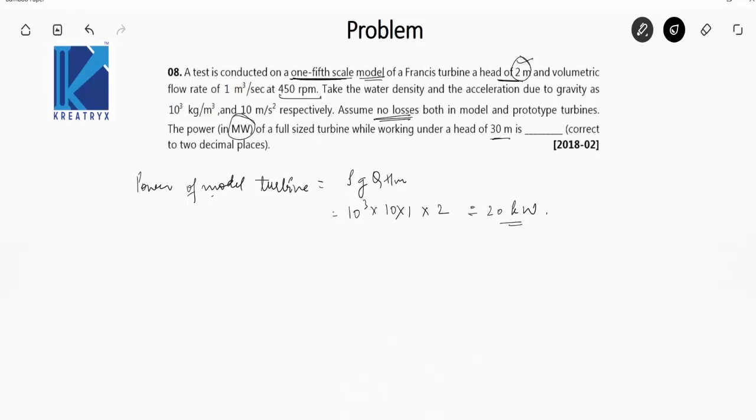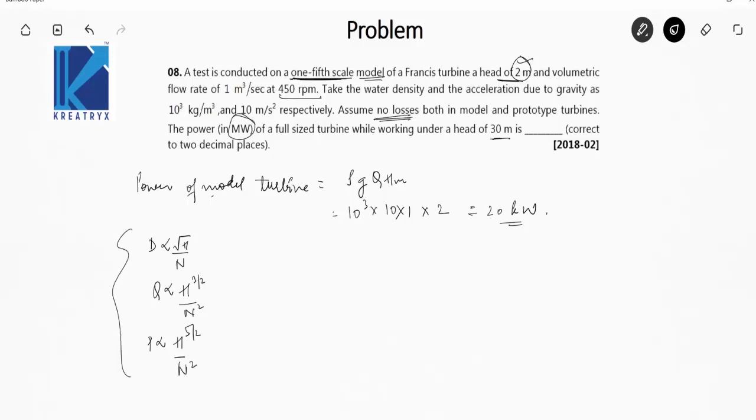Now for these types of questions we use three relations which you must know: D is directly proportional to root h and inversely proportional to n. This is speed in rpm, this is effective head, and D is diameter. Volume flow rate has a relation with head and speed. Similarly, power also has a relation with head and speed.